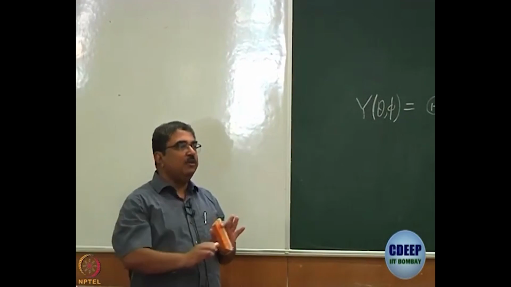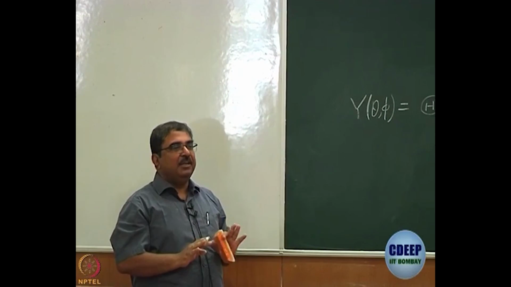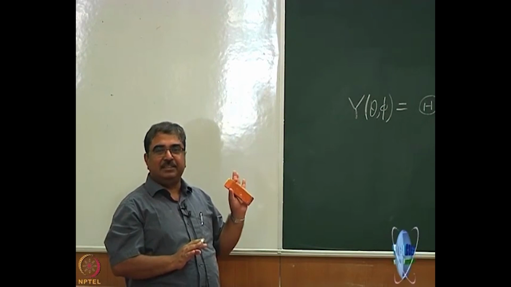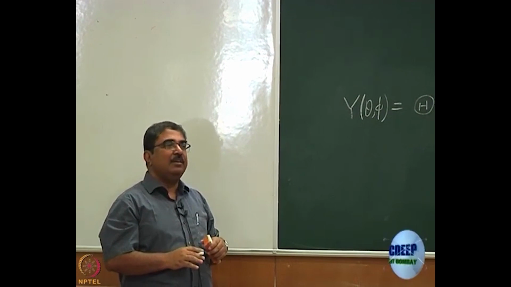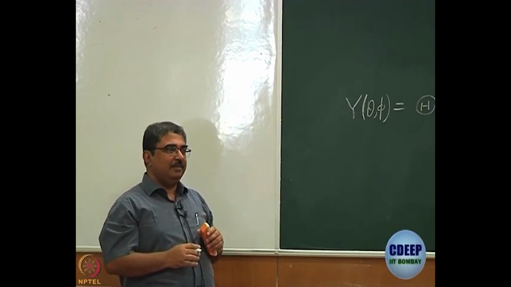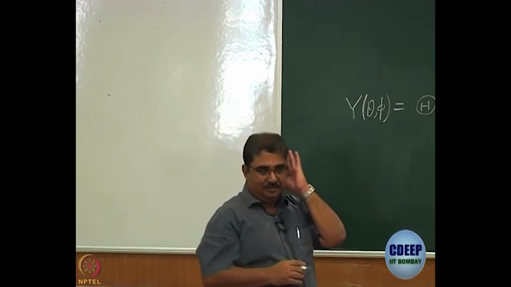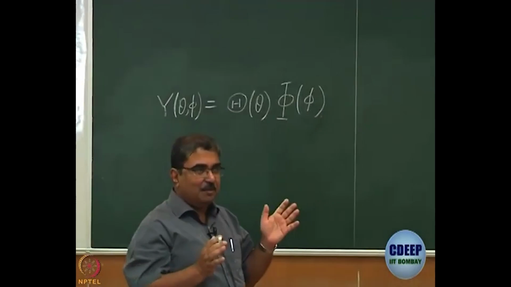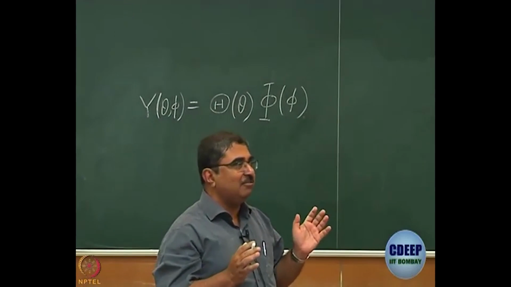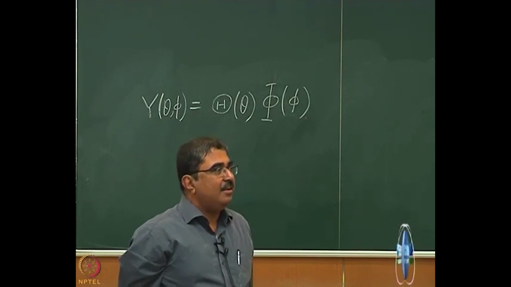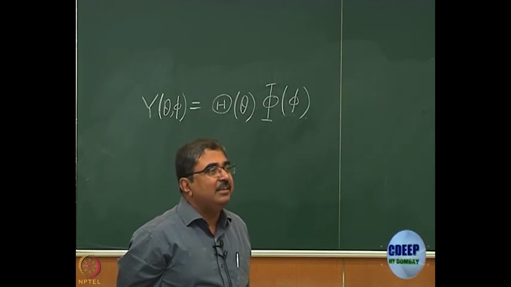So, we already know what the Hamiltonian is, and we already know what the wave function is. Now, let us think about what the equation would be. Does anybody remember what the angular part of the hydrogen atom Hamiltonian stands for? Is it related to some physical quantity?